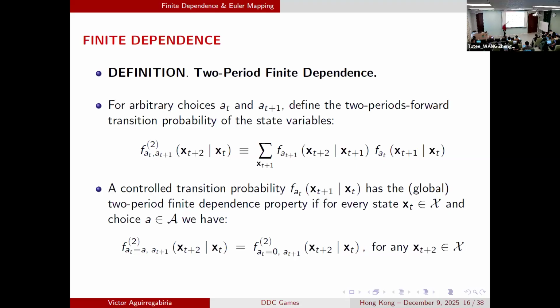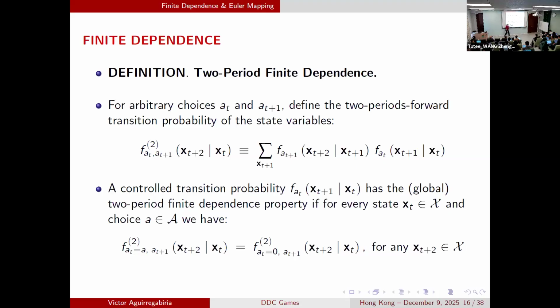Then we say that this model has a global two-period finite dependence property if for every state xt, and any arbitrary action at period t, it doesn't matter if you have chosen alternative A at period t or alternative 0.